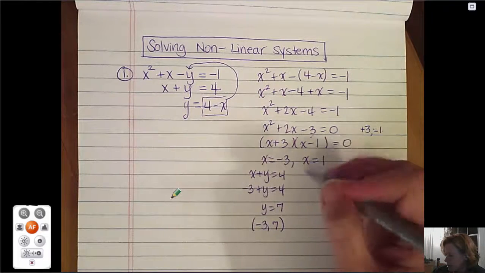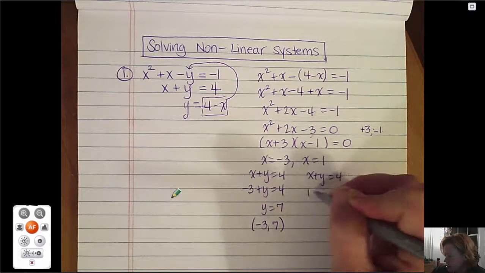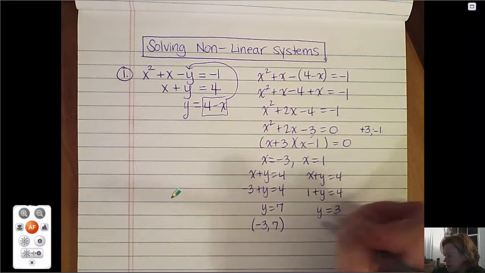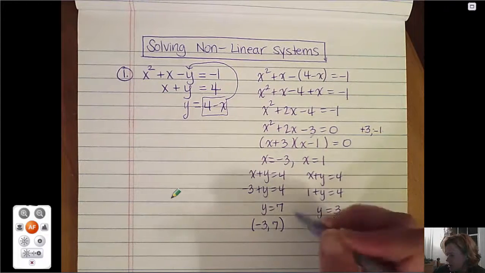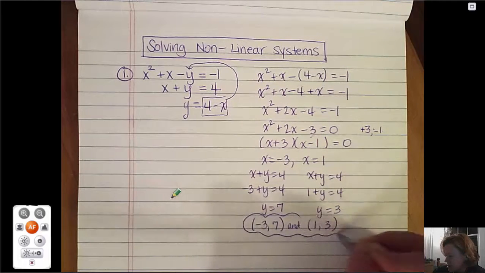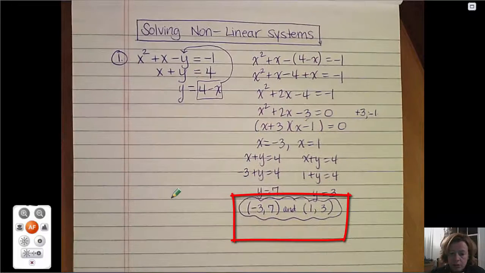I'll do the same for 1. x plus y equals 4. x is 1, plus y equals 4. y is 3. So my other solution is 1, 3. Remember, when you're solving a system, you want to solve for all possible values, and you must find x and y, because they're points of intersection.